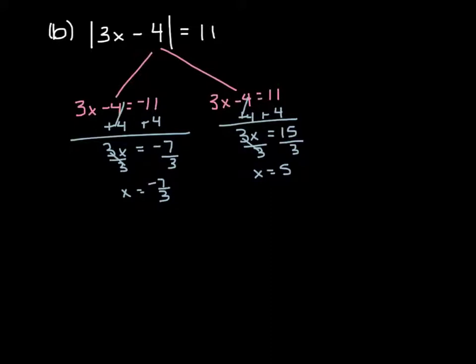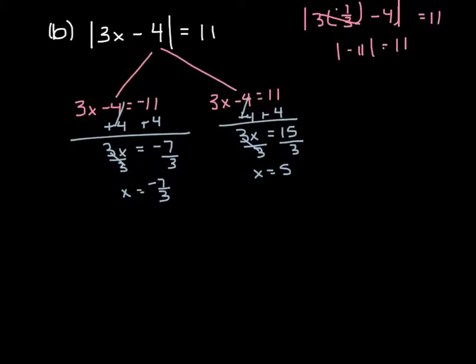And we will go back and check them. So 3 times negative 7/3 minus 4 equals 11. So these 3's cancel. So negative 7 minus 4 is negative 11.